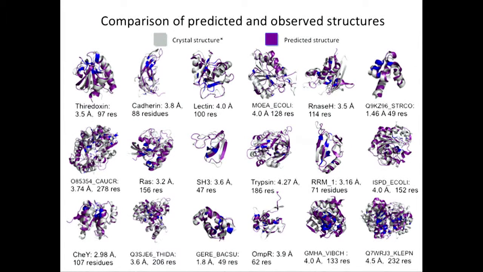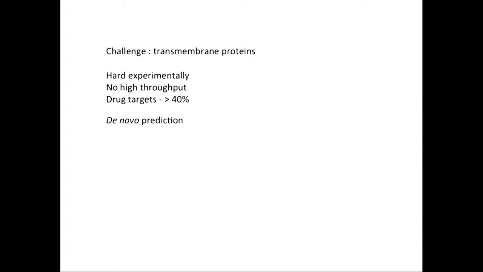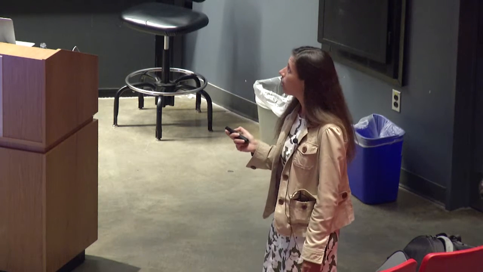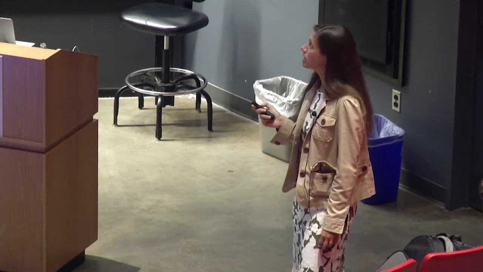So here is a set of proteins that we did this for, and in each case, the crystal structure is in gray, and our predicted structure is in purple. And so we were able to apply this quite widely, at least in cases where people knew the crystal structure. So then we looked for cases where the crystal structures hadn't been solved, and a particularly interesting case is transmembrane proteins, because those are very hard to solve experimentally.